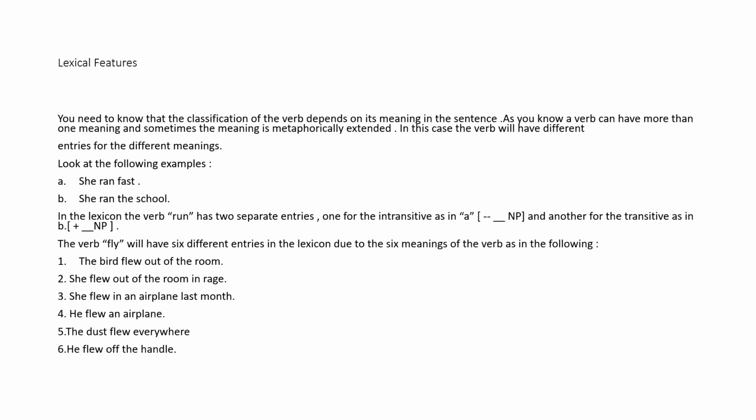And here it is intransitive, the dust flew everywhere, also metaphorically extended, followed by an adverbial, everywhere. And the last one is transitive, he flew off the handle. The object here is the handle. So here it means that we have to have 6 different entries for the 6 different meanings of the verb fly.